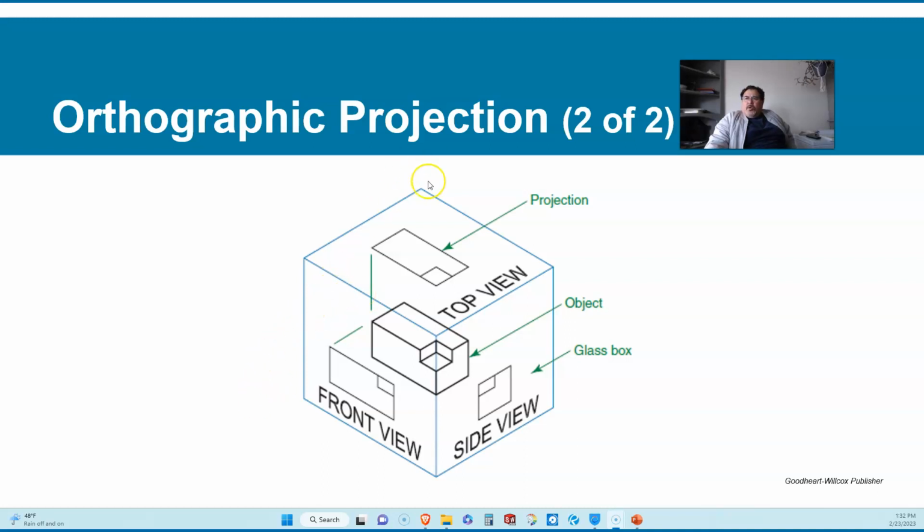So when you have that, those faces or each side that you see can project into a flat view. See the smaller object that has the multiple sides and shapes and cutouts.